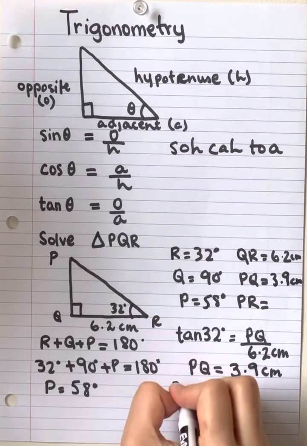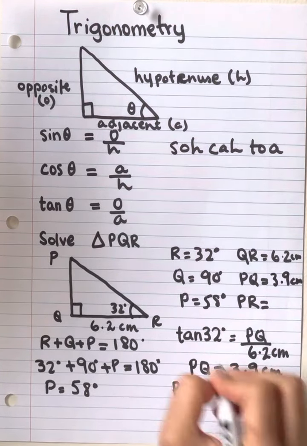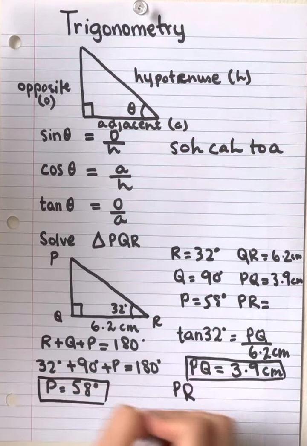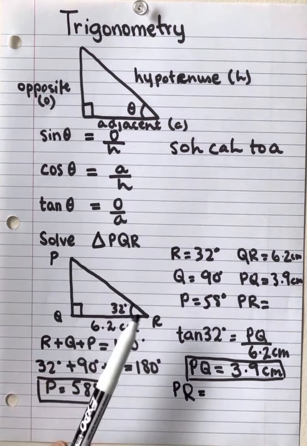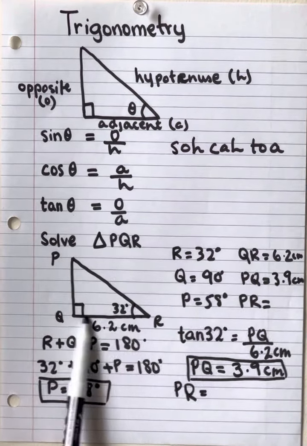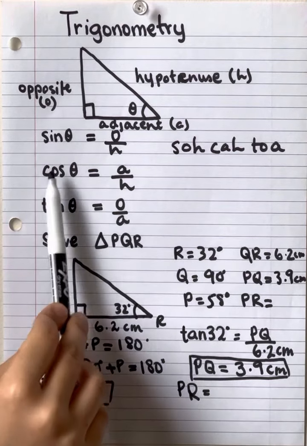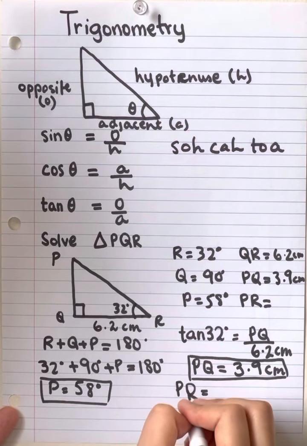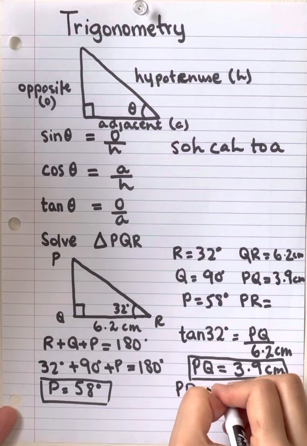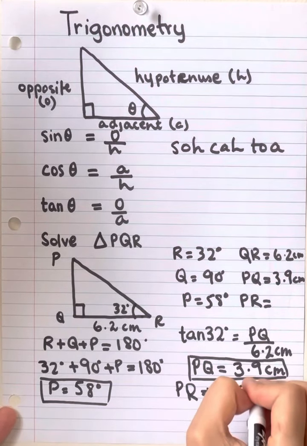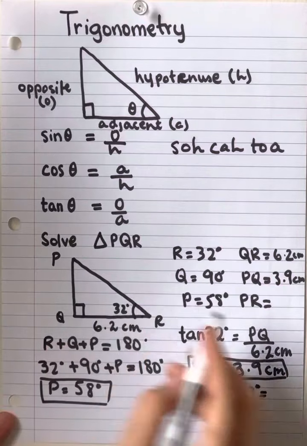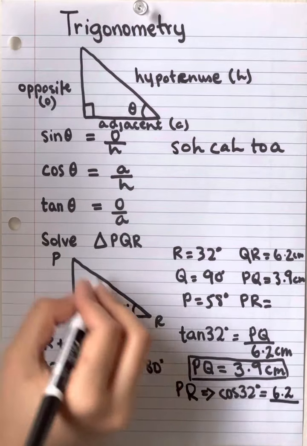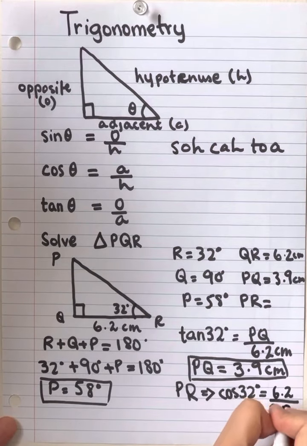Now PR. So we know it's this. No, RP. Now PR is equal to hypotenuse, and we're given adjacent. So we can use cosine. So cosine 32 degrees is equal to adjacent, which is 6.2, over hypotenuse, which is PR.